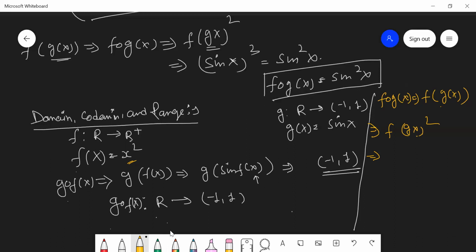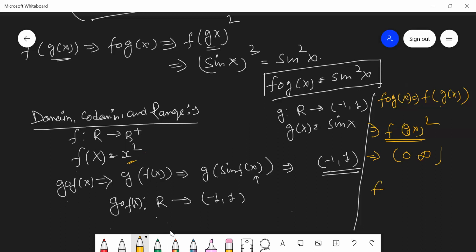If we take the square of values from -1 to 1, we always get non-negative numbers. So this gives us the range value, 0 to 1.